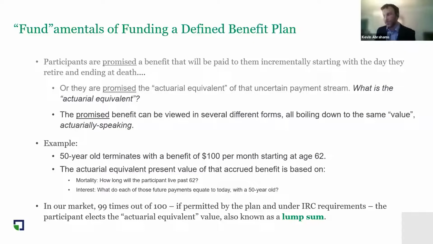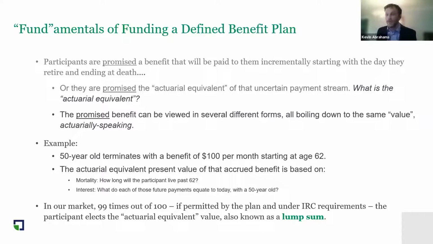Meaning, that payment stream that's supposed to start at age 62 for the duration of my life, using mortality and interest rate assumptions that are just some boring, behind the scenes actuarial stuff, we can calculate, well, what is the value of that today for that 50-year-old? We can say, well, we expect you to take 12 payments a year of $100 for however long a 62-year-old is expected to live.